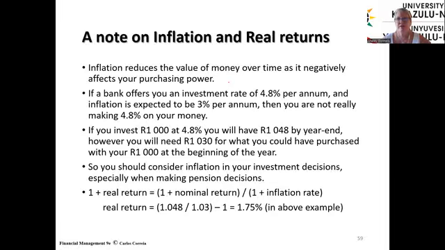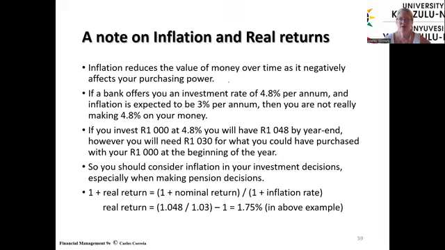So I might have 1,048 by year end, but just to buy what I could have the year before, that takes up 1,030 of my 1,048. So it's just to illustrate that we really need to consider inflation in any investment decisions, especially when you're making pension decisions.